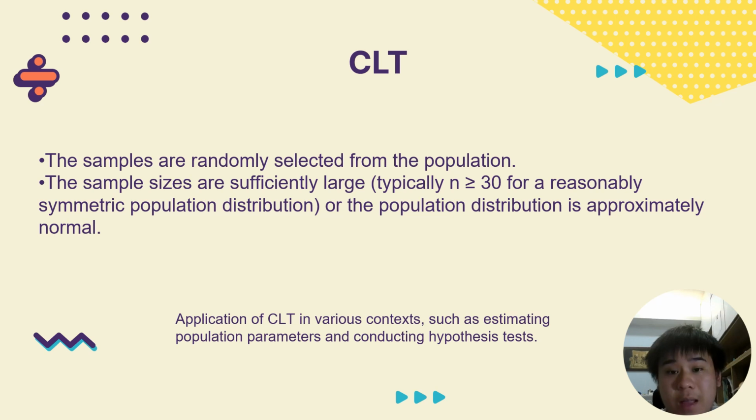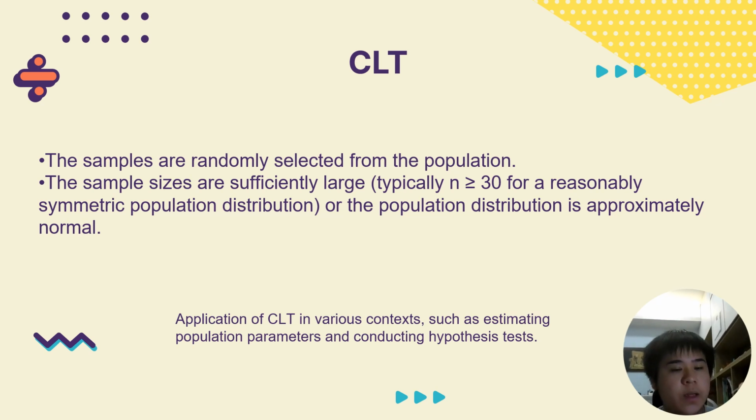So, for example, the sample size needs to be above 30 for a reasonably symmetric population distribution. Okay, so that's for central limit theorem. If your sample size is above 30, then you can assume that the sampling distribution is approximately normal. Okay, we're clear?